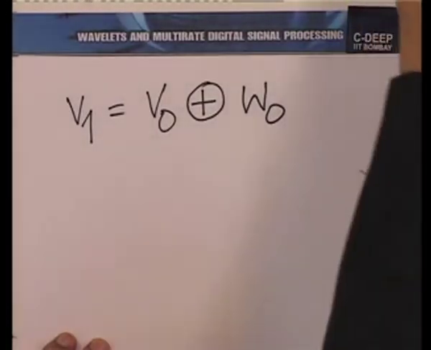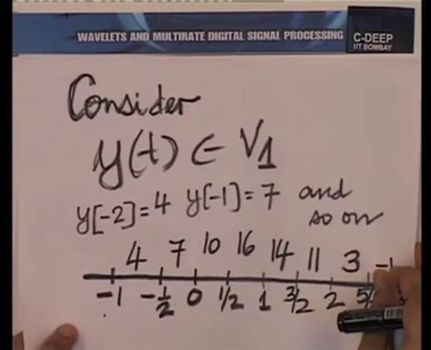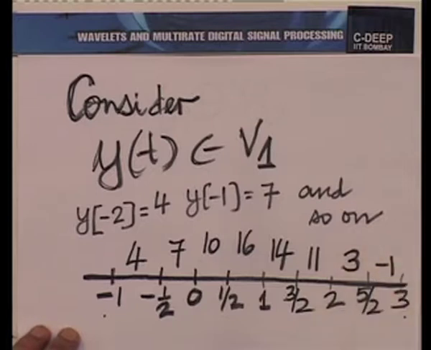So, for example, if we go back to this function which we were discussing a couple of minutes before, what we would now need to do is to take each standard unit interval. So, for example, the interval -1 to 0, and then the interval 0 to 1, 1 to 2, 2 to 3, and in each of them we need to put down how the projection on V0 would look and how the projection on W0 would look.